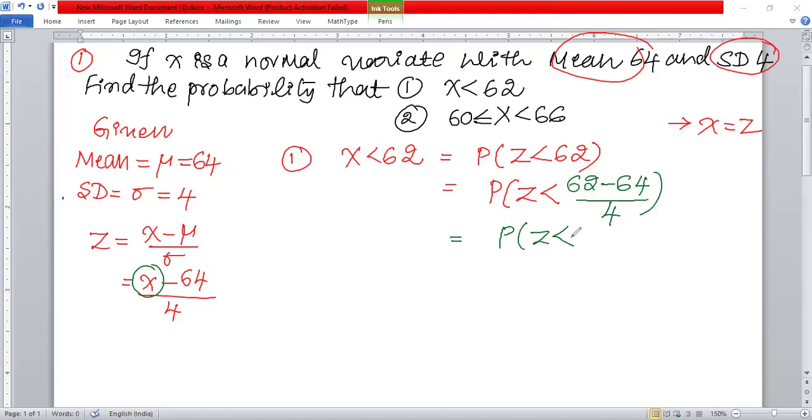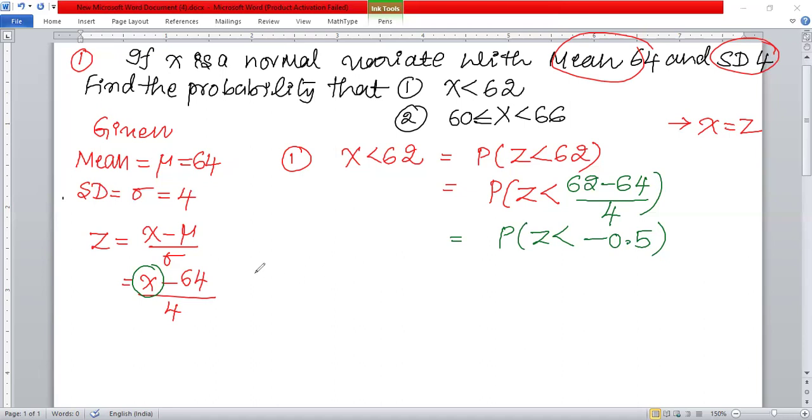So 62 minus 64 is minus 2, divided by 4. The answer is minus 0.5.